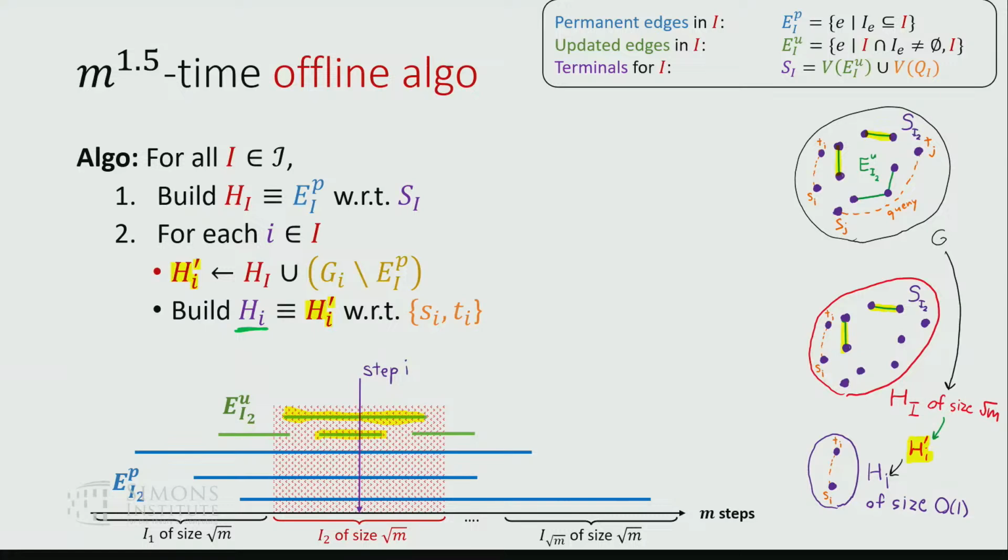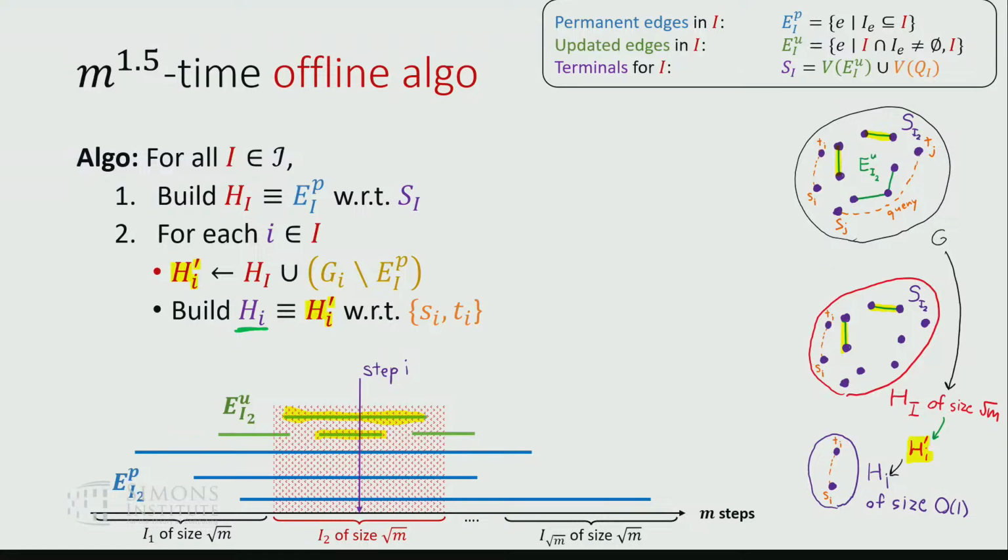Yes. So big H_I was a tree, but H_I prime is not. Once you add some edges, it's not a tree. Good.